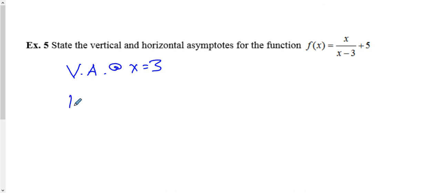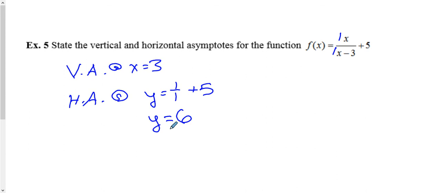You have a horizontal asymptote at y equals 1 over 1, usually, because this is 1 and 1 for coefficients and same degree, so it's 1 over 1. But we also have this vertical translation up 5, so that's going to play around with our horizontal asymptote. So this is now y equals 6. So you have now a horizontal asymptote at 6 instead of just at 1.